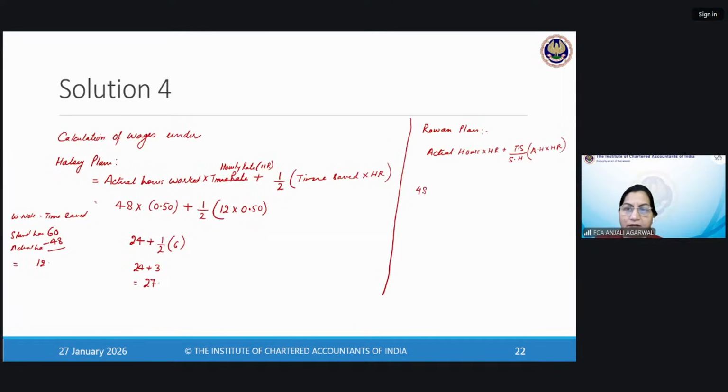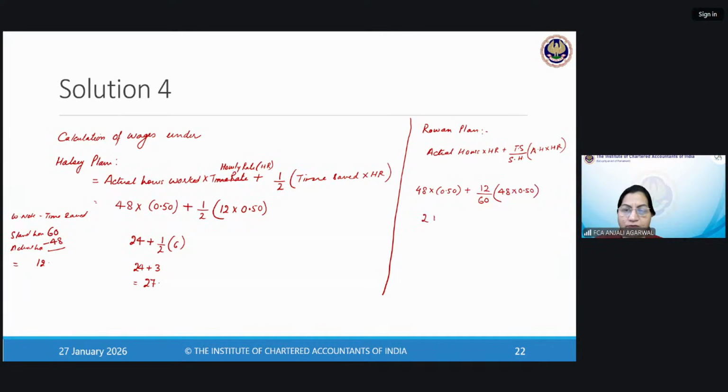It's 48 into 0.50 plus time saved, 12 hours, standard hours 60. So he will get 1/5 or 20% only, but not of time saved. 20% of 48 into 0.5.